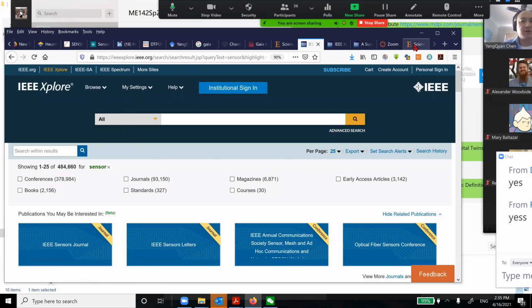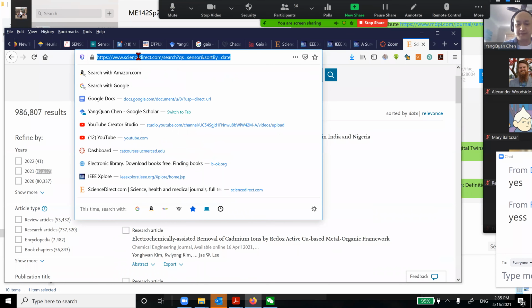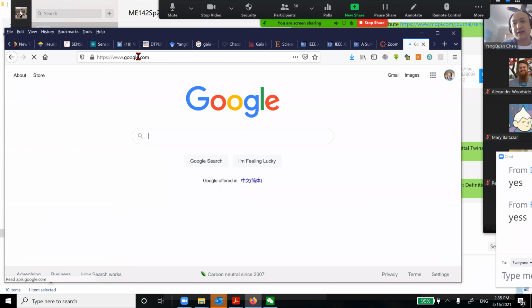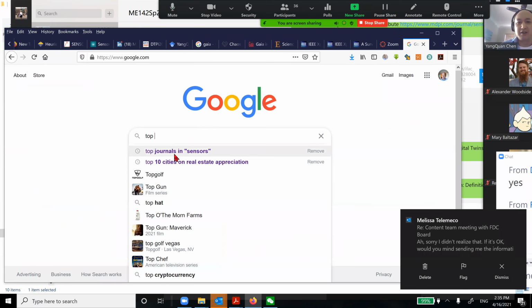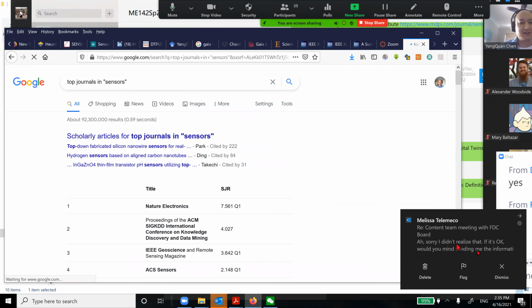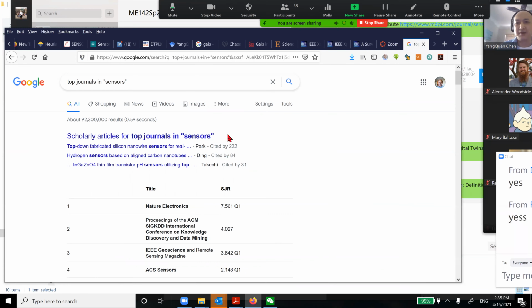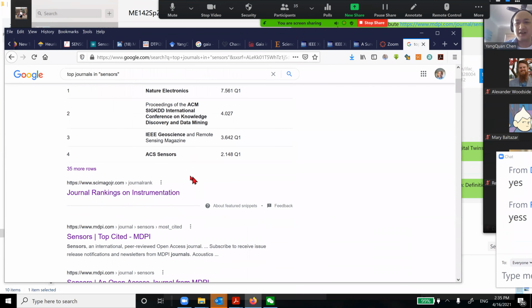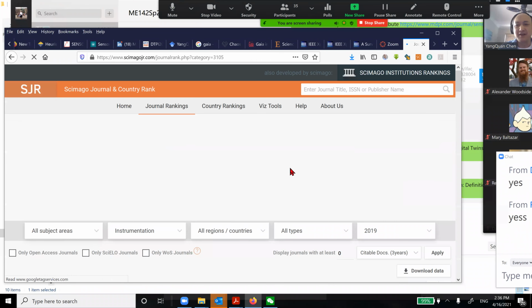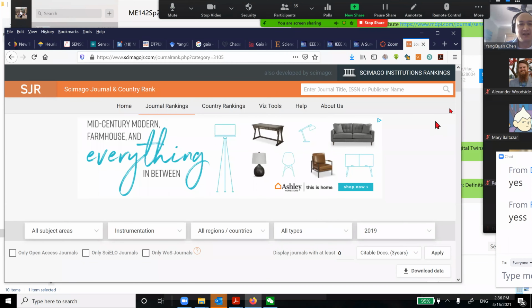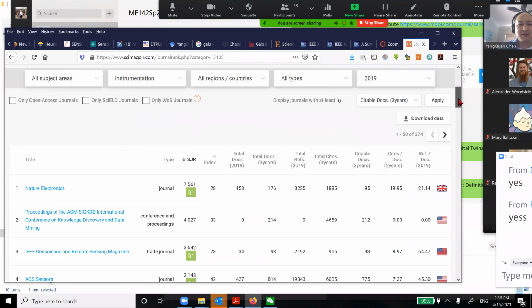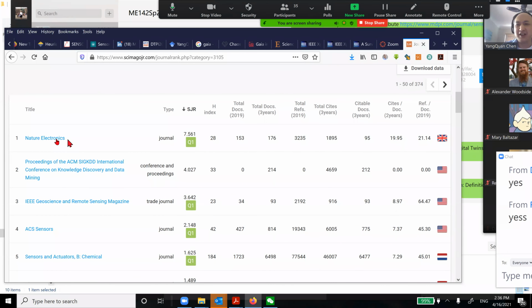You want to read more, you just go to Google. So like, let's say, what are the top sensors? I just searched it. So this one will give you a category about the top journals, like Nature Electronics, like Sigma.